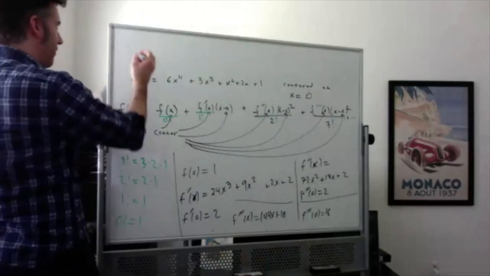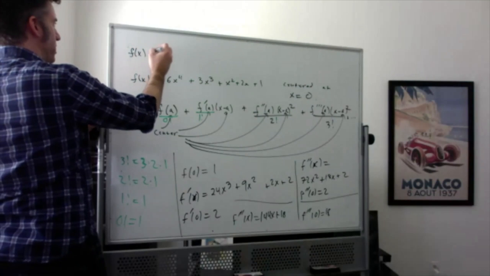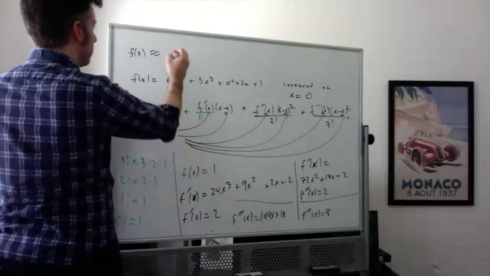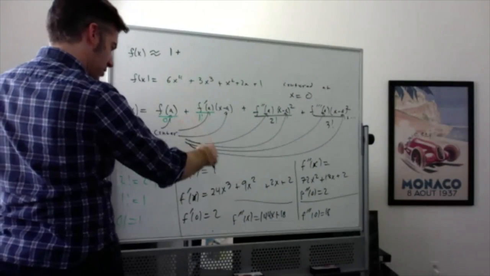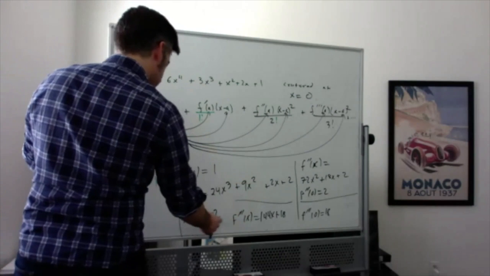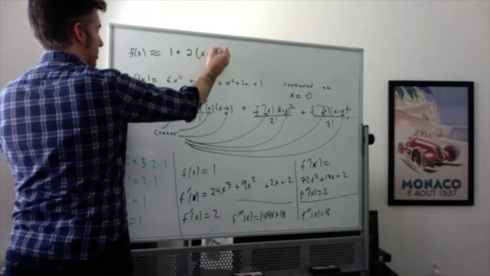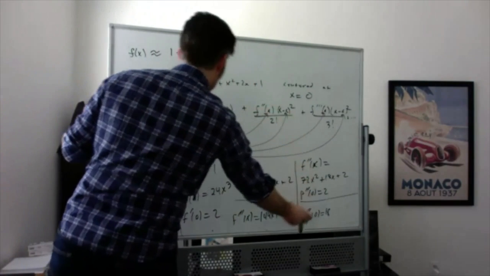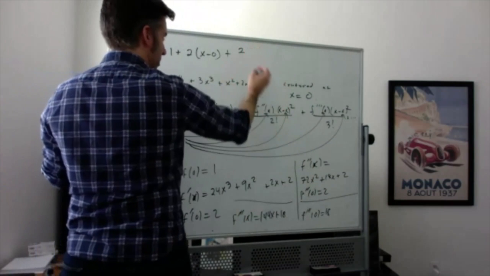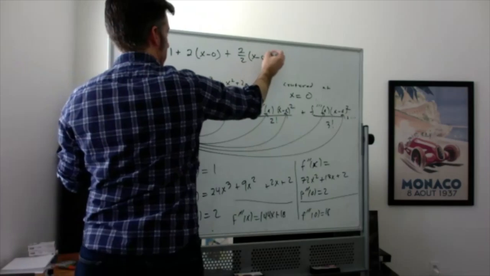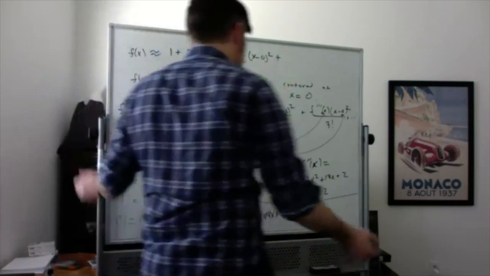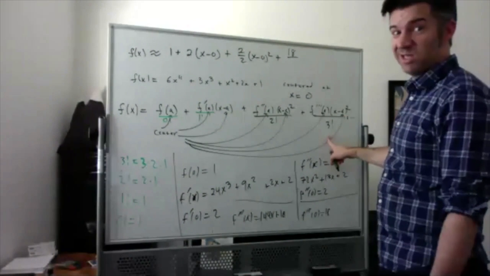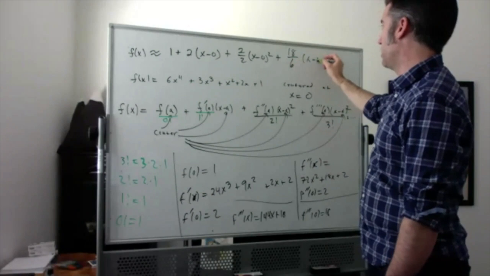So we're going to get that f of x is approximately equal to f of a, so f of 0, so 1, plus f prime of 0, which is 2, times x minus 0, plus f double prime of 0, which is 2, divided by 2 times x minus 0 squared, plus f triple prime of 0, which is 18, divided by 3 factorial, which is 6, times x minus 0 cubed.